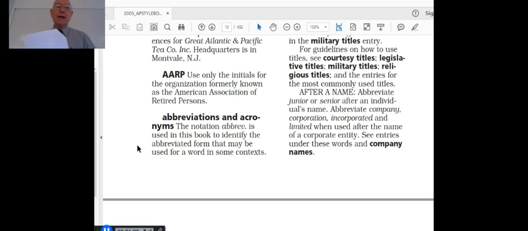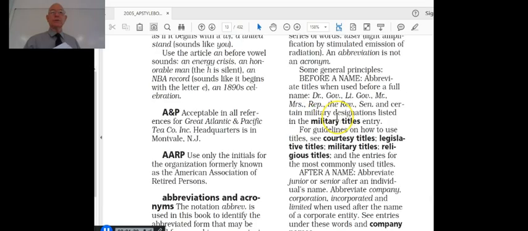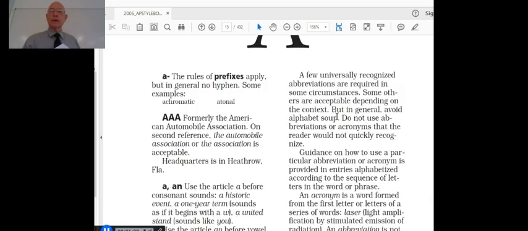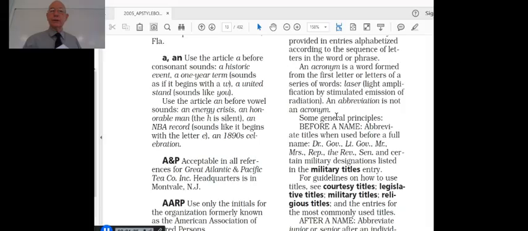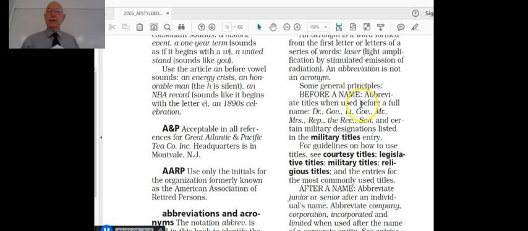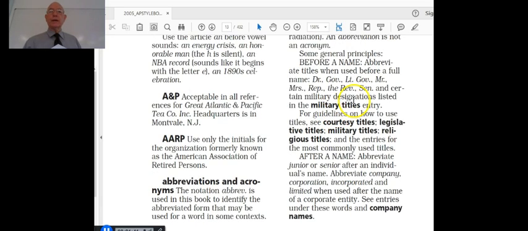It's good for you to spend some time in the book so you know where to look. For example, if you have a question about abbreviations or acronyms, this is a fairly thorough explanation of how to abbreviate and so forth. Here are abbreviations for doctor and governor and lieutenant governor.